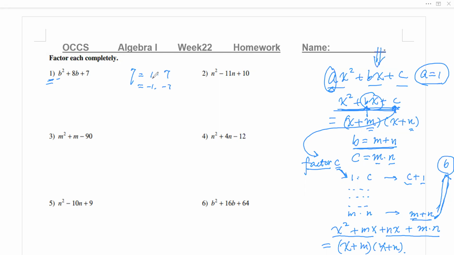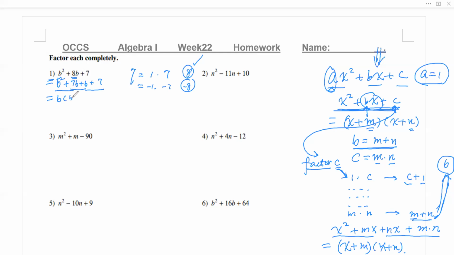The sum of 1 plus 7 equals 8, and -1 plus -7 is -8. So only this one matches. So it means we break it down into 7b plus b, and the rest is 7. So we use the group factor process.